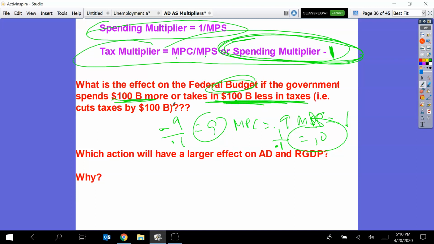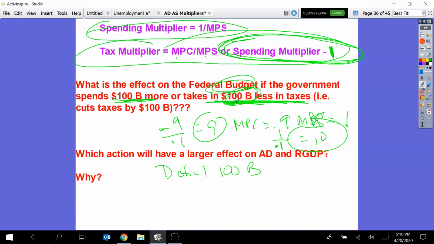Guys, there's no difference between those two. If they spend $100 billion more, then they run a deficit of $100 billion. Assume they start with a balanced budget. If they take in $100 billion less in taxes or implement a tax cut of $100 billion, they still have a deficit of $100 billion.